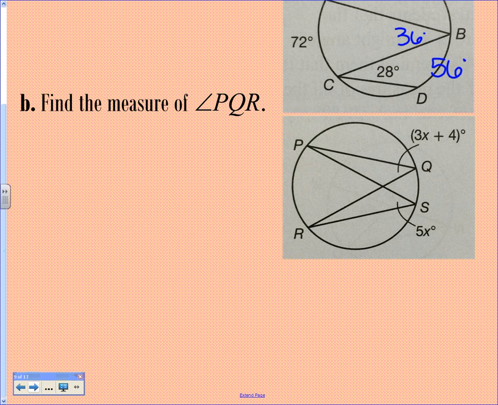Okay, so how would we find the angle PQR? Okay, how do we find X? Why? They share the same intercepted arc, okay? So if 3x plus 4 equals 5x, what does x equal?